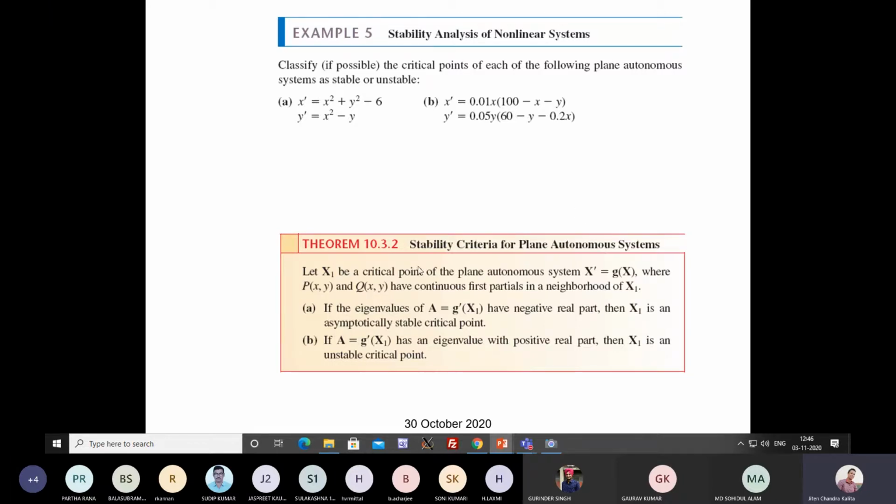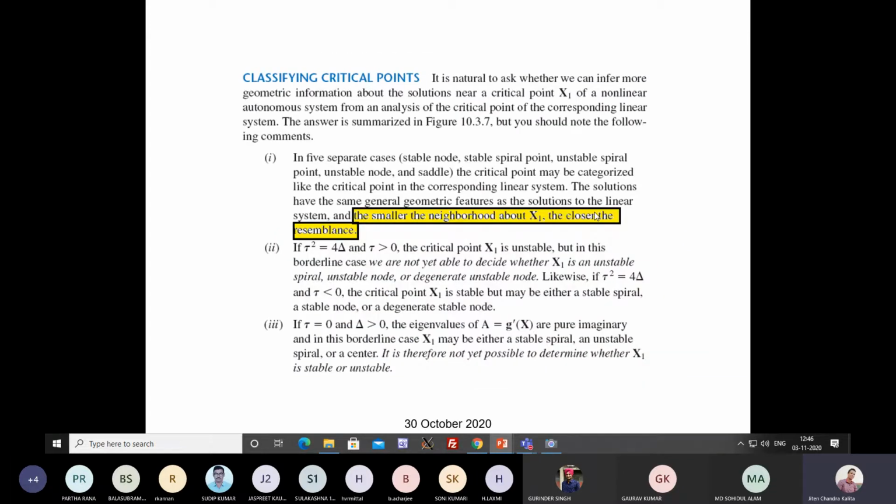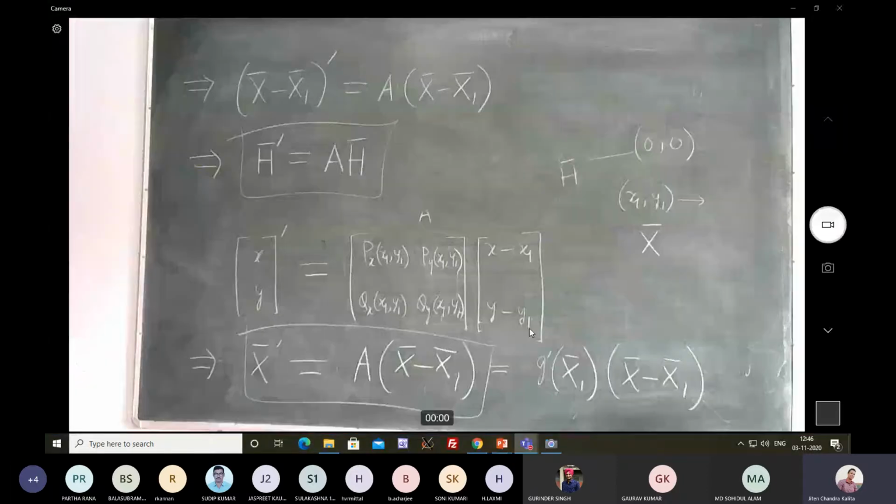So similar to that, here, if the eigenvalues of A have negative real part, then x1 is an asymptotically stable critical point, and if it has an eigenvalue with positive real part, then it is an unstable critical point. Okay, so this classifying of critical points, I'll come to that later on.